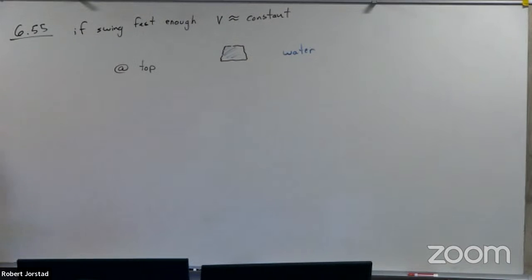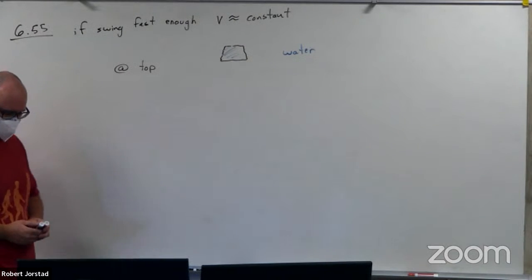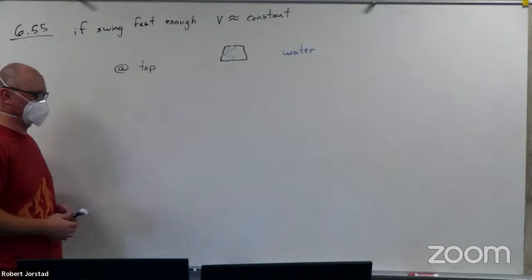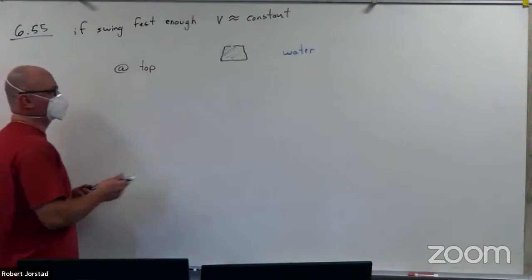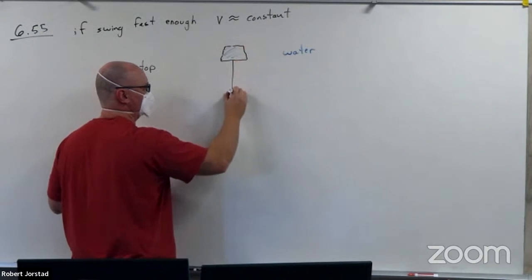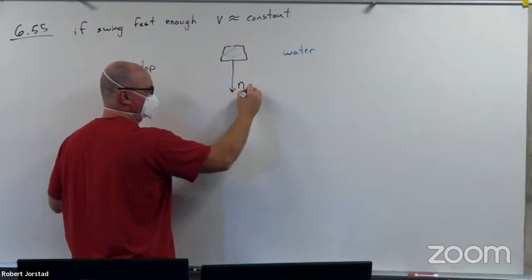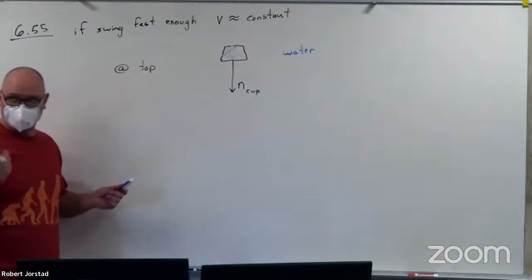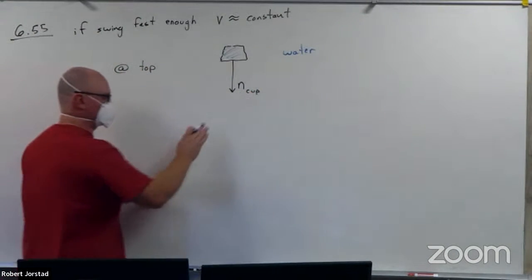What forces are exerted on the water? What's touching the water? The bucket. So there's basically some sort of force from the cup. We could call that some sort of normal force from the cup or the bucket or whatever you want to call it.